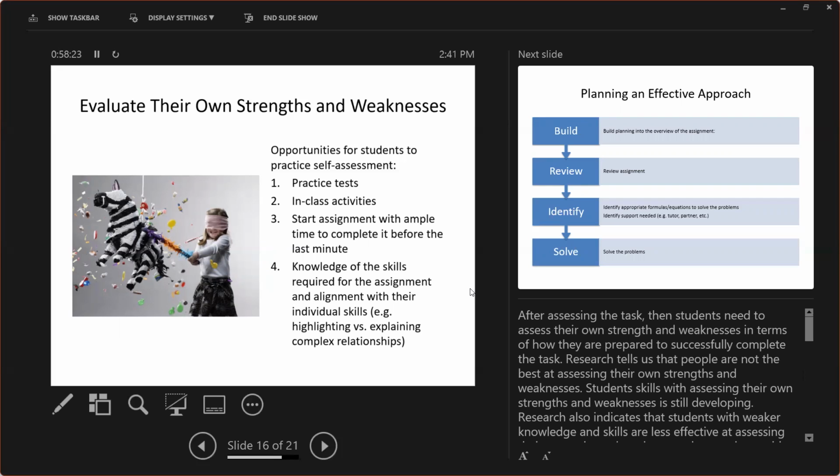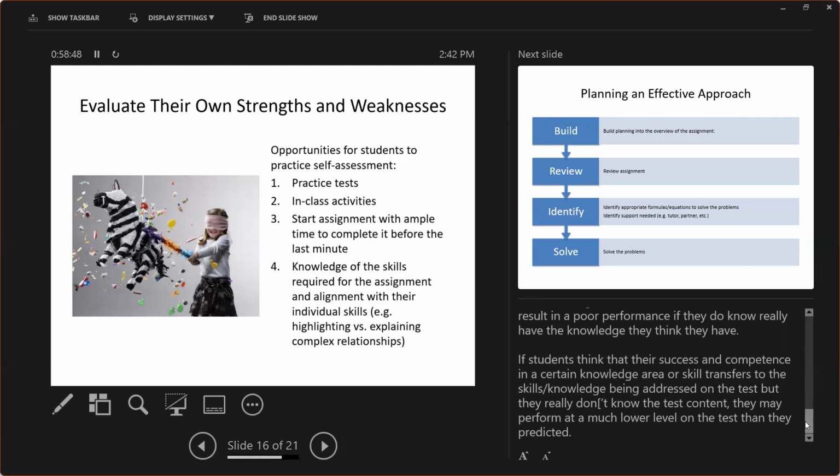Well, that's going to require a lot more in-depth analysis and studying than highlighting the key concepts. And so if they're not aware of the skills that they need to use to complete this assignment, they might not be conducting a realistic evaluation of their skills.